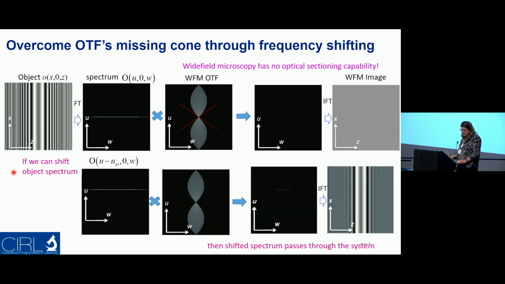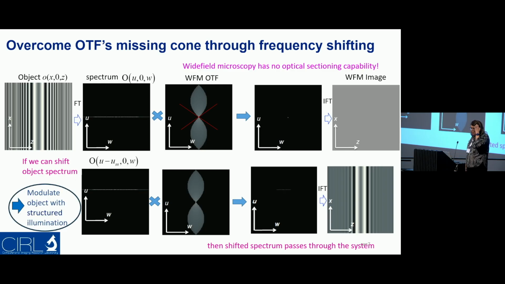But if you're able to shift the object spectrum by some frequency, then you can nicely position it within the bandpass of the OTF, and then you can image part of the spectrum, and so you have an image that's a better representation of your object.